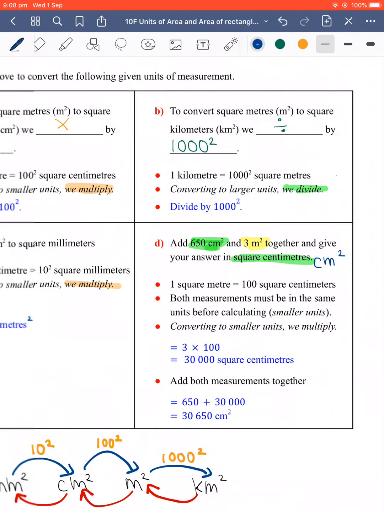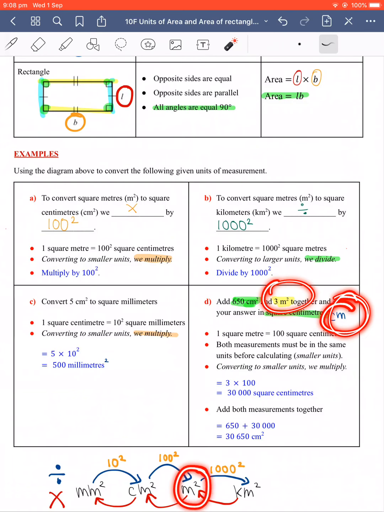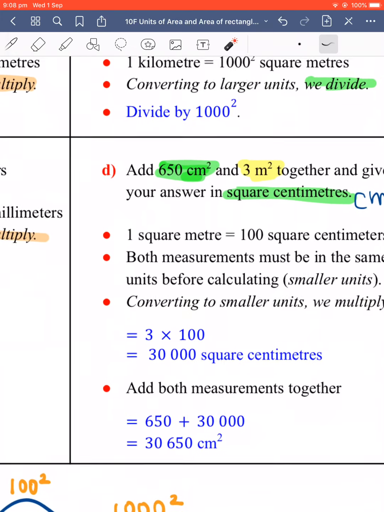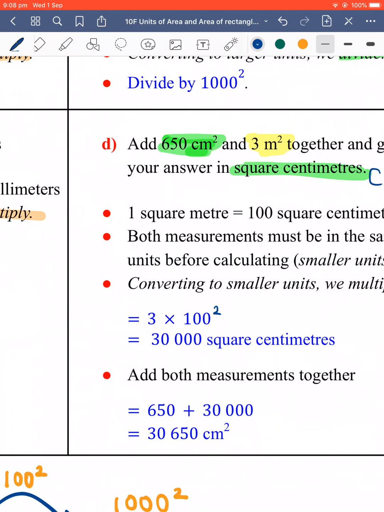So what I am actually doing for this one, I'm only converting one particular thing. So I'll be doing meters squared to centimeters squared. I'm going to be multiplying by 100 squared. Okay, let's have a look here. It's exactly what I've done here. So 3 multiplied by 100 squared gives me 30,000 square centimeters.